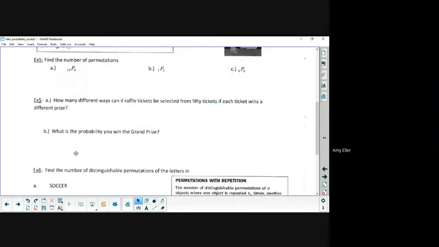Let's look at example 5. Oh, we did 5. 6. How many different ways can 4 raffle tickets be selected from 50 tickets if each ticket wins a different prize? That's important because if the prizes are different, the order in which your ticket is drawn really matters. So read it again, see what you come up with.